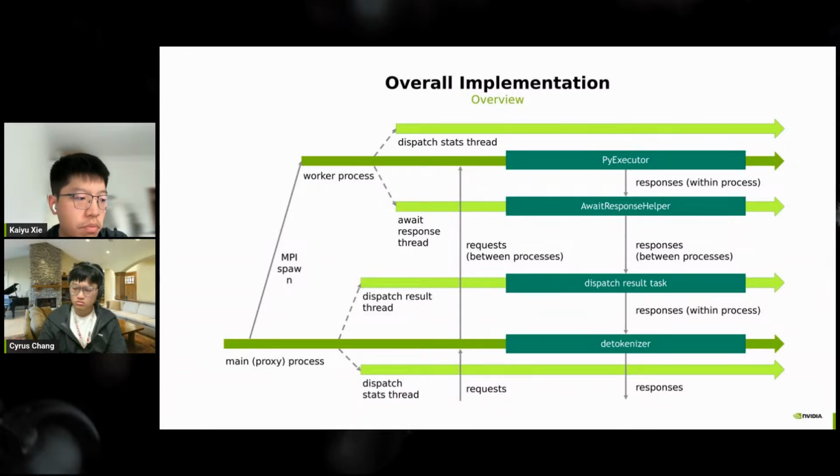For example, for trtllm-serve, it will give the responses back to the OpenAI API server, which is built on the FastAPI server in TensorRT-LLM, and all those responses will go back to the user as the last stop of their life cycle.